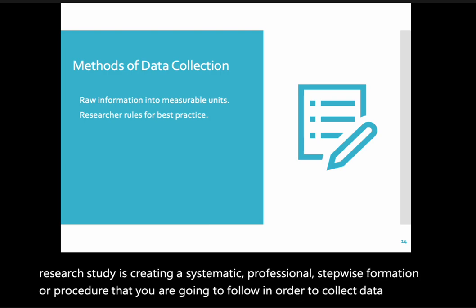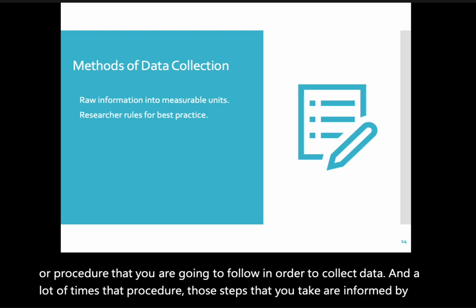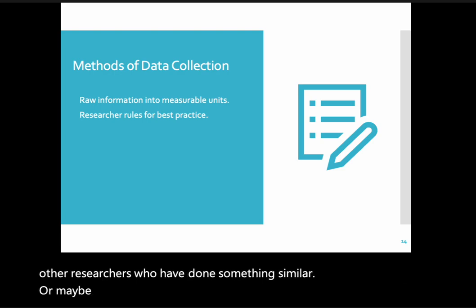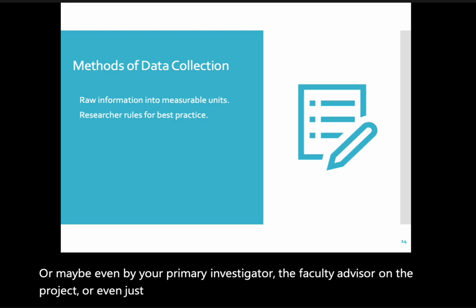And a lot of times that procedure, those steps that you take, are informed by other researchers who have done something similar, or maybe even by your primary investigator, the faculty advisor on the project, or even just agency policies.